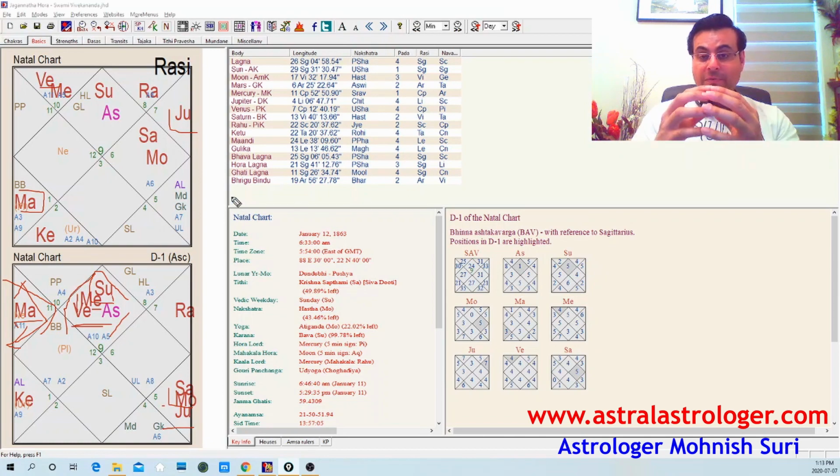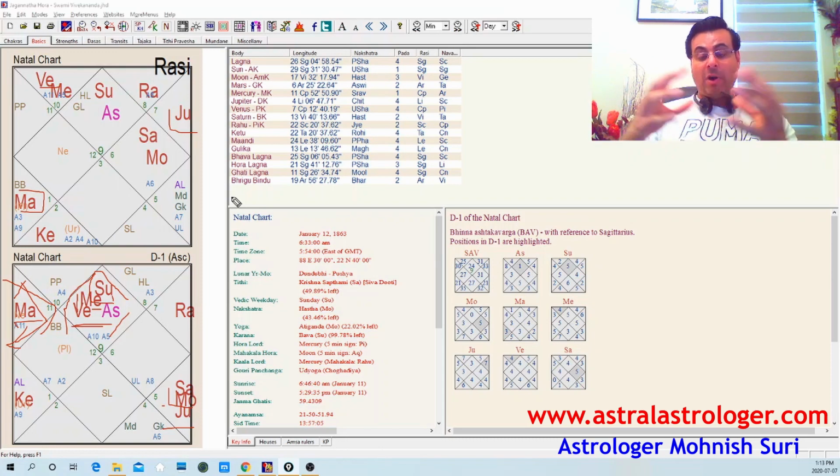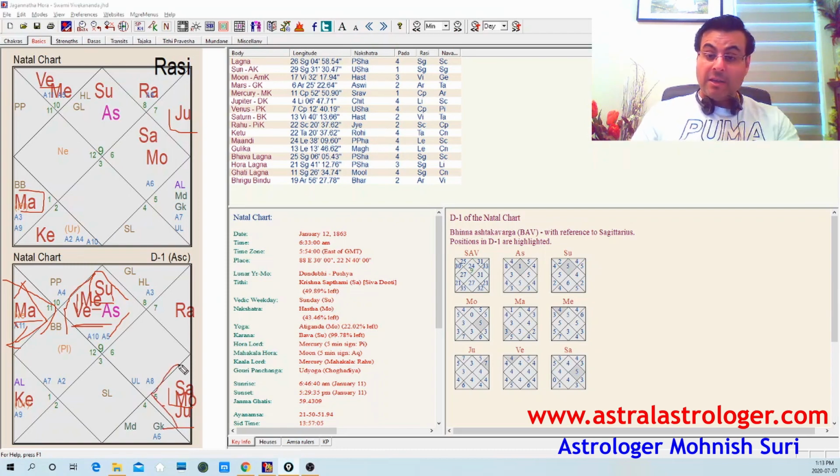The planet of being guru, which is Jupiter, the energy which makes you a guru, which makes you a healer, which makes you a spiritual person, which makes you a person of vast wisdom, is sitting in the ninth house of being a guru. People will follow you. He will learn so much himself and then he will apply those learnings to change the life of others. People will make him their guru. And this you can see in his chart.